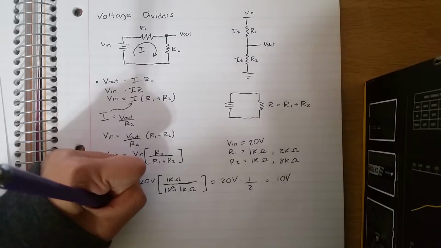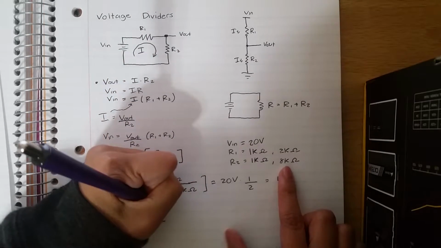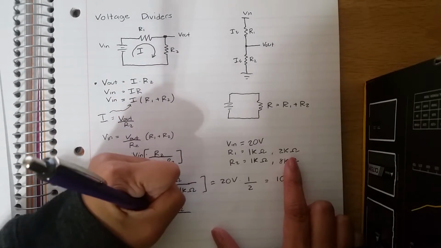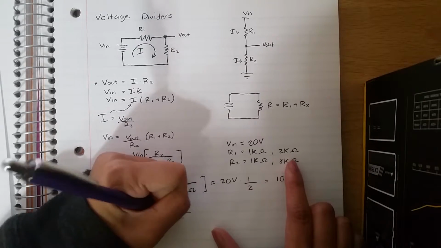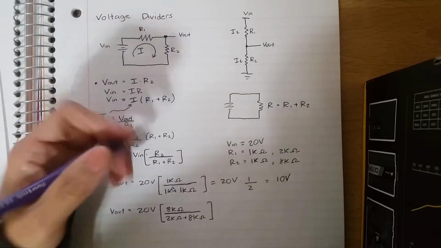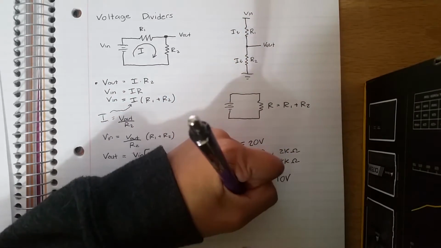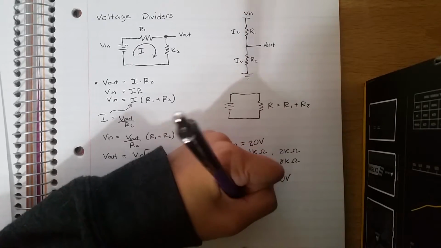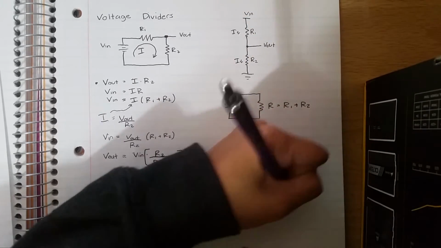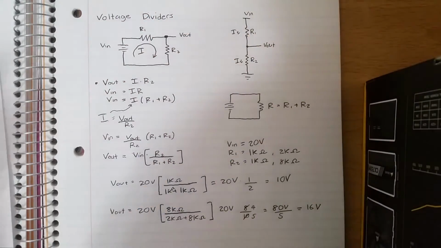V out equals 20 volts times R2, which is 8K ohms, over R1, which is 2K ohms, plus R2, which is 8K ohms, and then that equals 20 volts times, what is that, 8 over 10, that's 4 over 5, equals 80 volts over 5, which equals 16 volts.